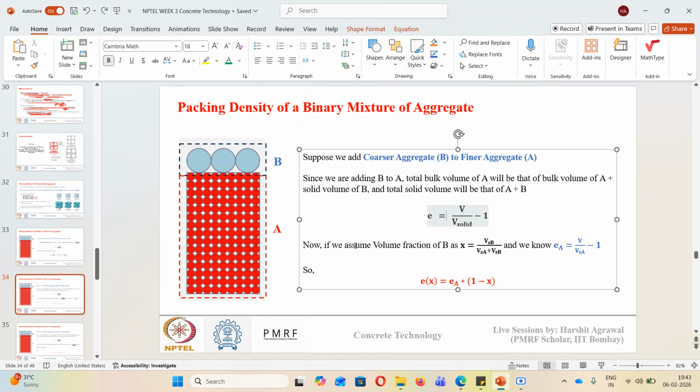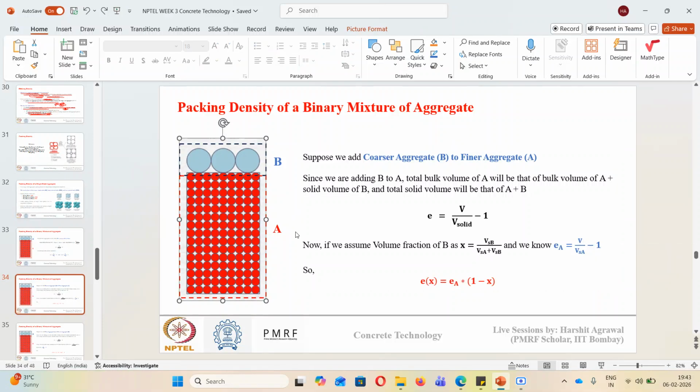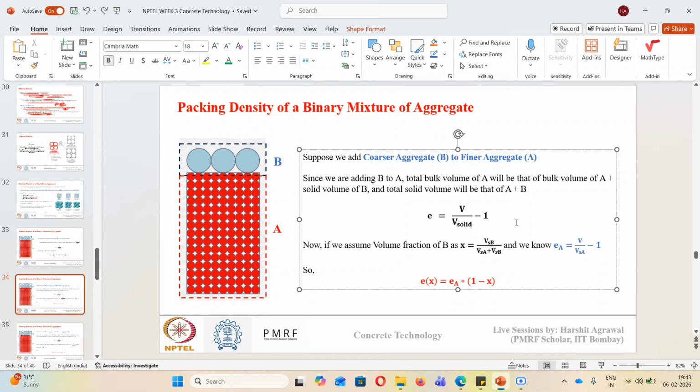Depending upon what fraction of B you are adding to the system, you can determine how the void ratio changes for a multi-sized aggregate system. The detailed derivation of this equation you already saw in the course, so I will skip that part because we have a lot of content remaining.